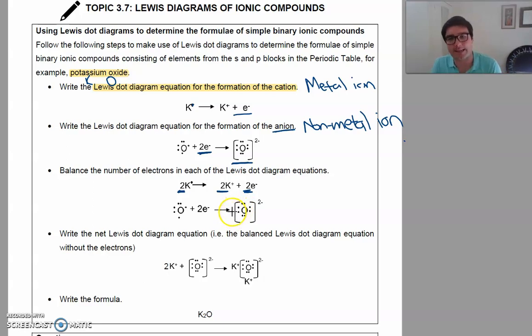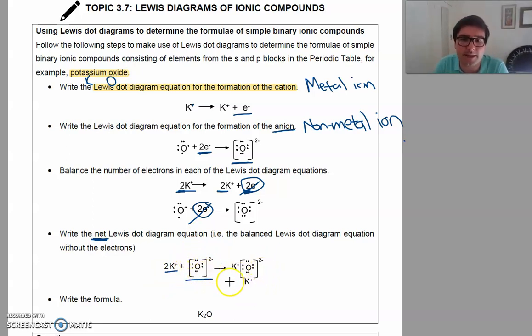There should be a balance. In our net equation, we don't indicate the electrons anymore, because the electrons given away here were accepted here, so they cancel out. All that remains is the potassium atoms becoming potassium ions and the oxygen atom becoming an oxide ion, and now our potassium ions and our oxide ion can bond in an ionic bond.